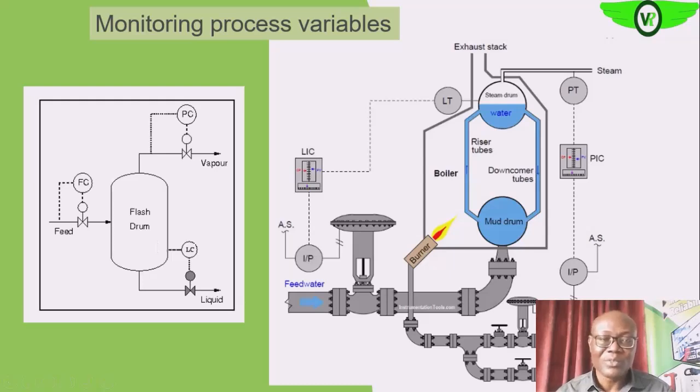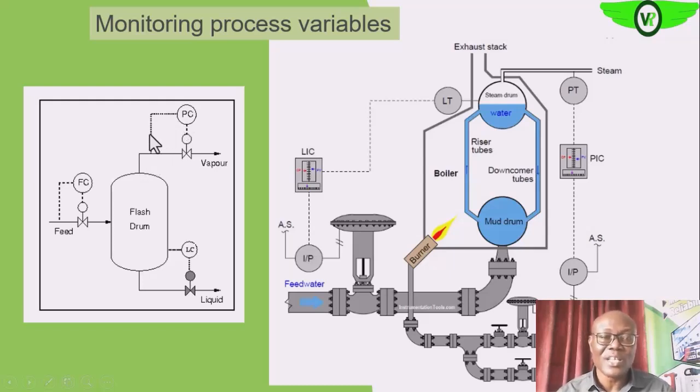Then remember too that some of the lighter end of the feed that are flashed out will definitely tend to increase the pressure of the vessel, above the liquid. So as that is happening, the pressure here is increasing. When the pressure increases to a level, we need to relieve the vessel of that pressure. So a very important parameter for us to get those vapor out is the pressure.